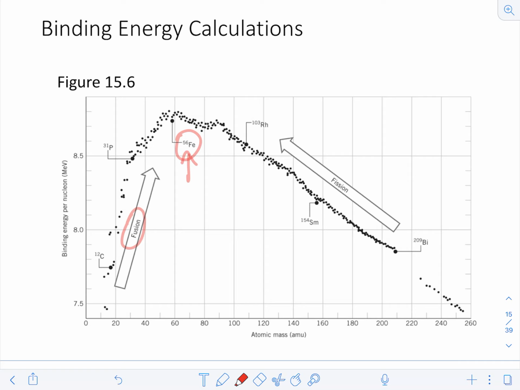Now, if you look on the right-hand side of the equation here, notice that all of these elements, depending on what the atomic mass is, because their ratio is not close to the zone of stability, they are more likely to undergo fission, and they keep undergoing fission until they approach iron.